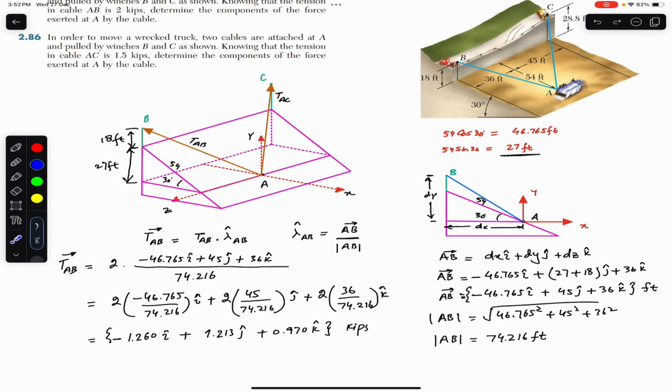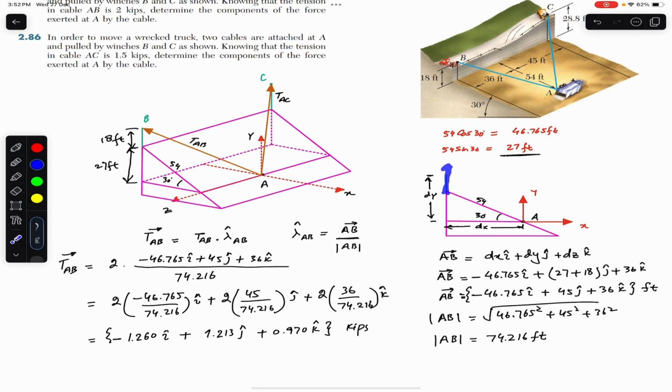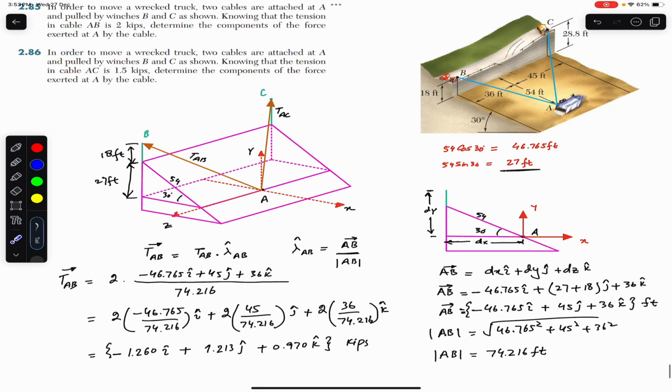And let me erase all this, and the height of this will become a bit longer, since the point C is 28.8 feet and this is 18 feet, so we need to make this point a bit higher. So this is now that point C, from A to C.